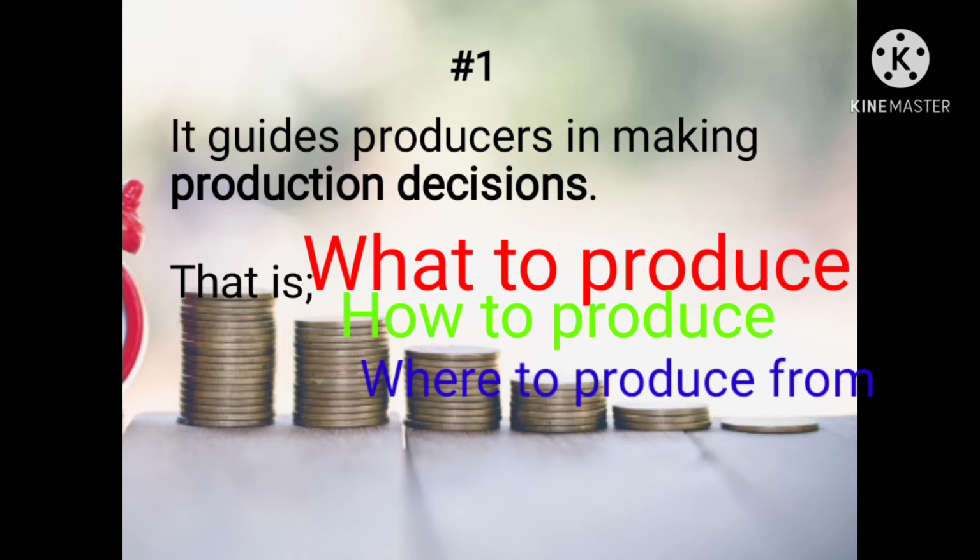What about when to produce? Does he produce in the first month of the year or the last month of the year? The decision will be made, of course, basing on the demand of the commodity. When the demand of that commodity is high, an ideal producer is supposed to produce during that period.